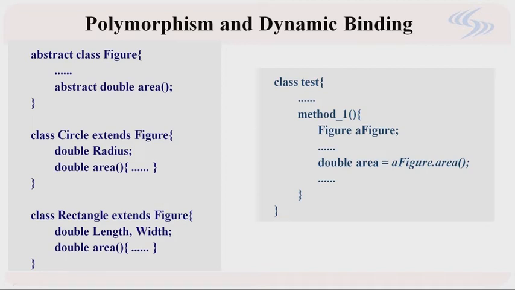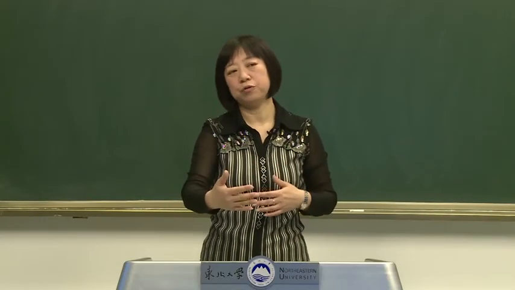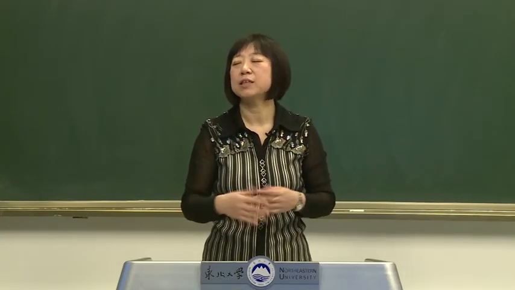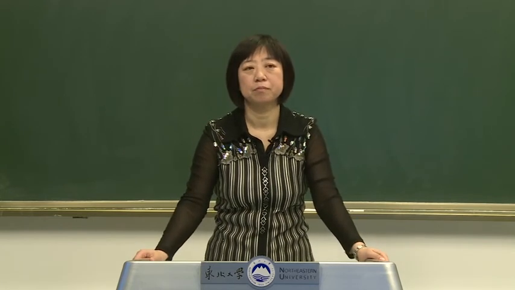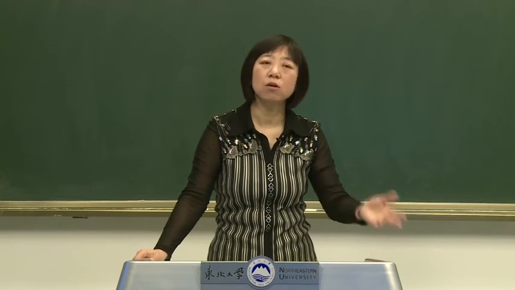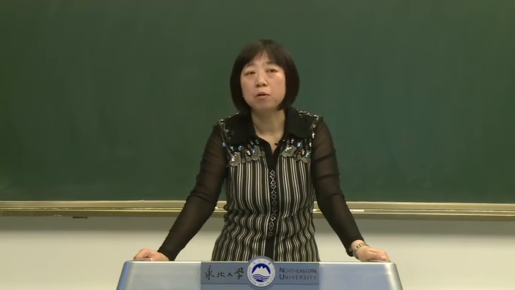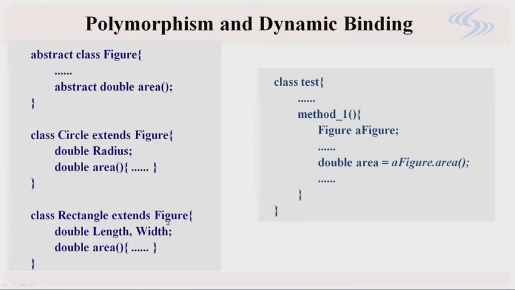Actually, when we learn some object-oriented languages such as Java, C++, and so on, we find that even within the same class, we can have more than one method with the same method name. It's called overloading. So actually, overloading is another way to achieve polymorphism. Overriding is another solution for polymorphism.